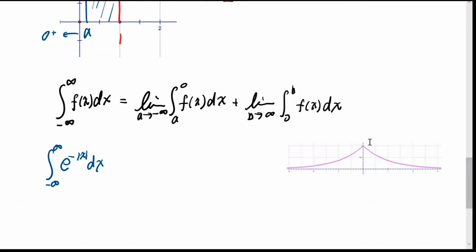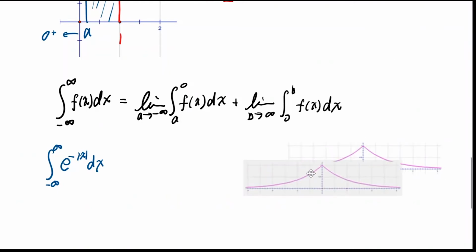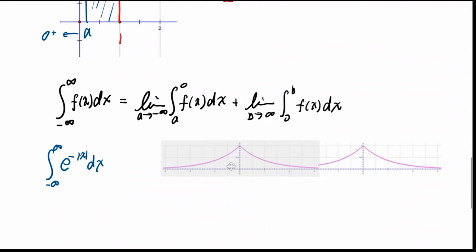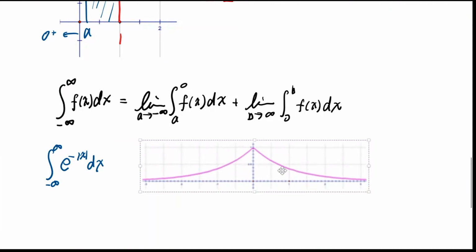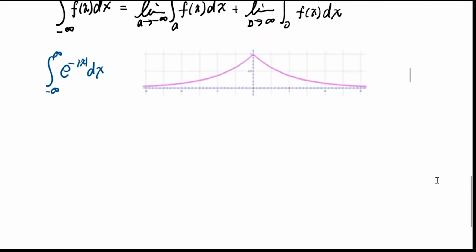This thing looks like this. It's at least symmetrical, so we can use symmetry, right? It's the ultimate even function. Absolute value is the ultimate even function, right? So it should work out nicely, but suppose you can't see that. So we'll just muscle it through.